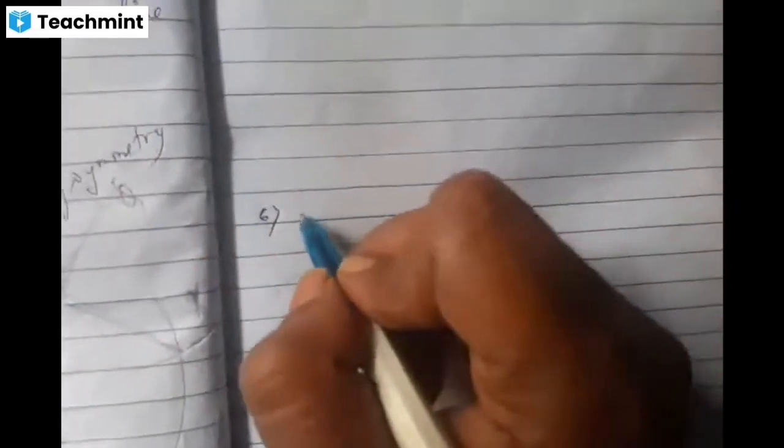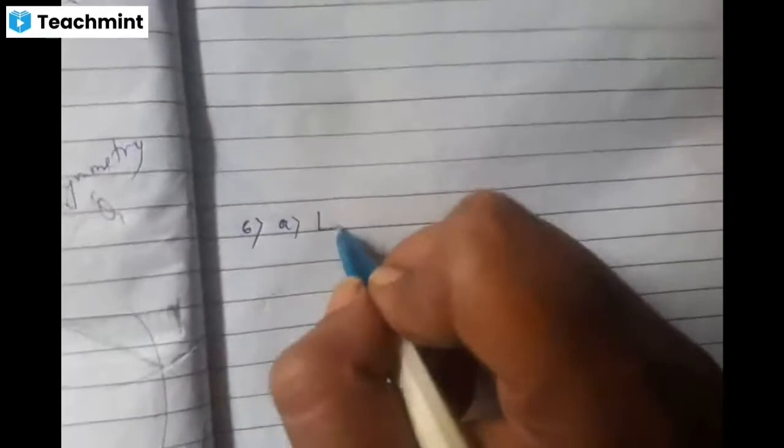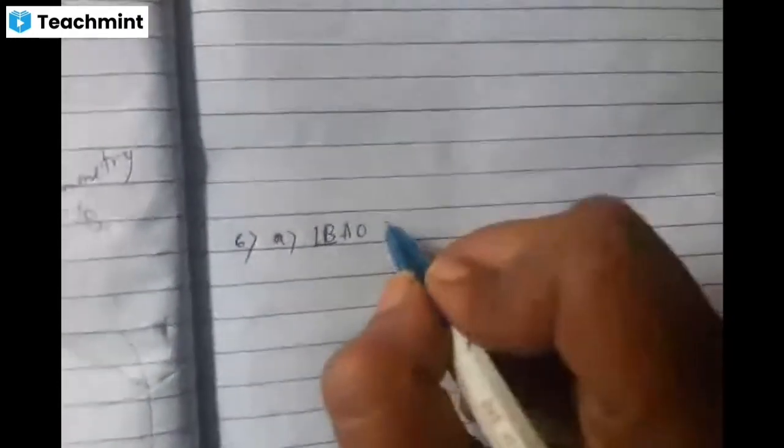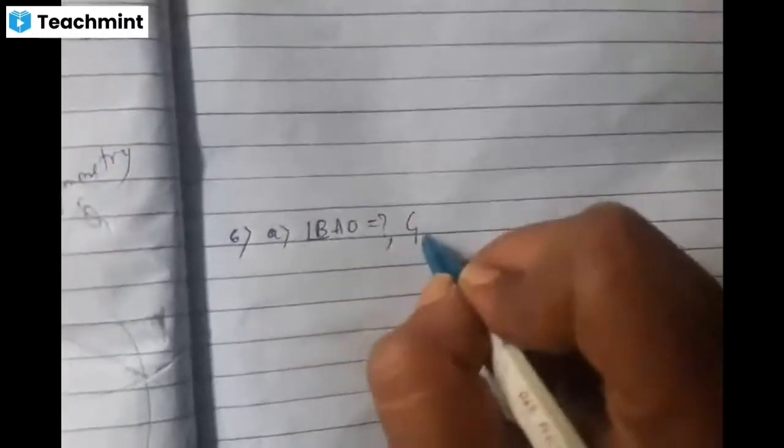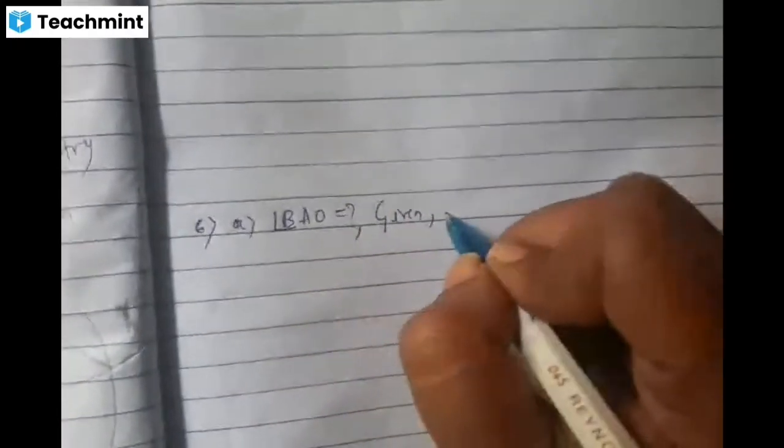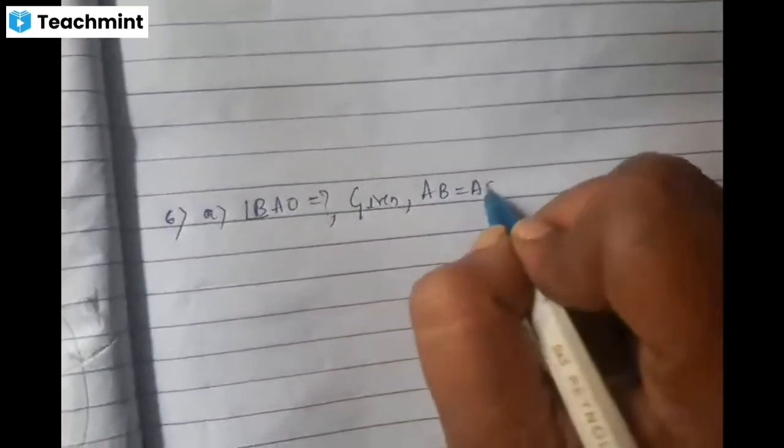it is 6th question, children. So 6th question, according to the question we have to go on writing here. What we have to find out is angle BAO. And what is given to us? It is given that AB is equal to AC.